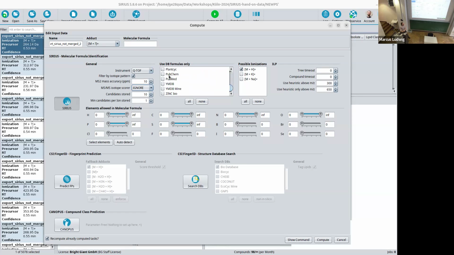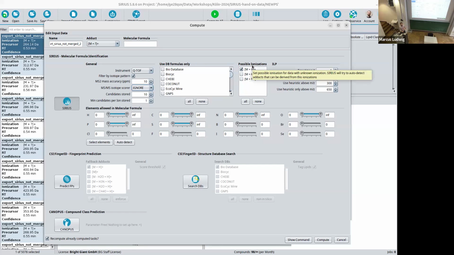But we also have PubChem included, which contains 100 million molecular structures and I don't know, a million or 2 million molecular formulas. But we want to go de novo, so we don't click on anything here.